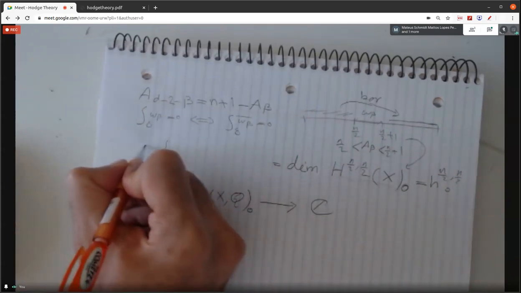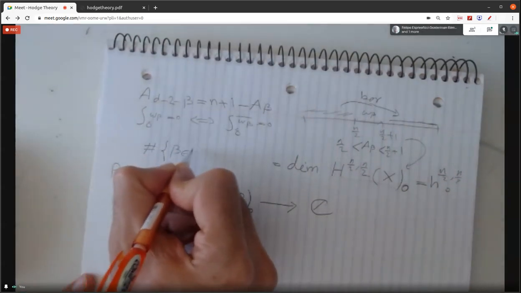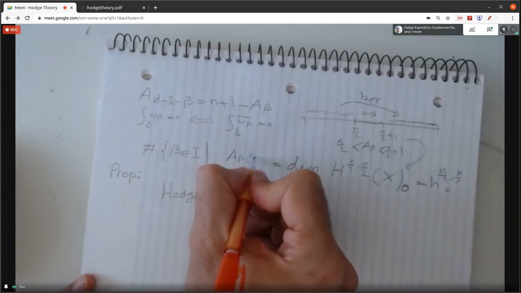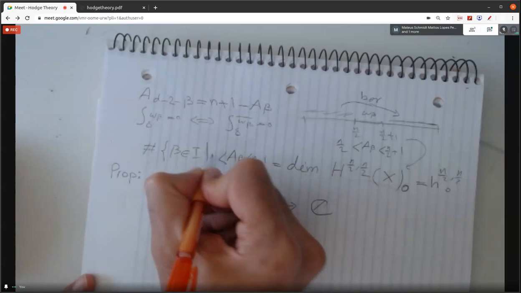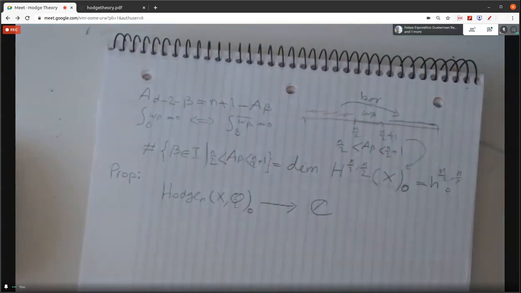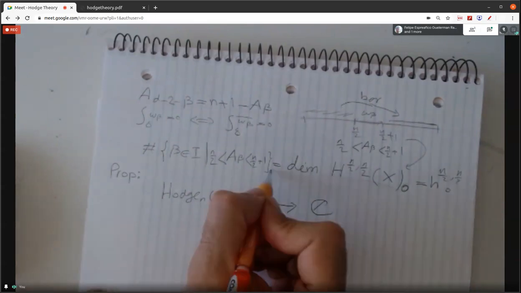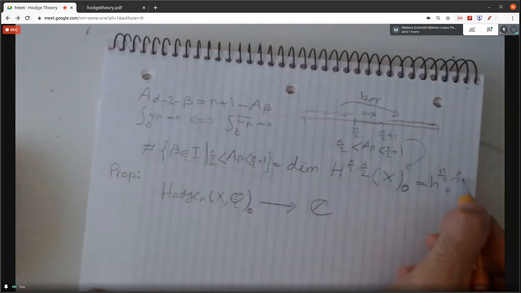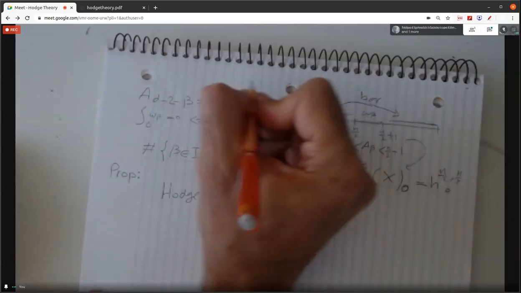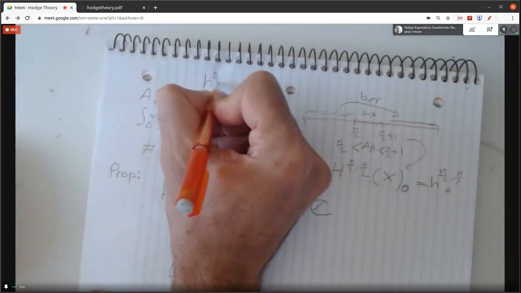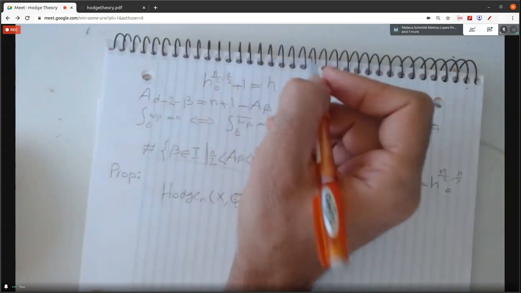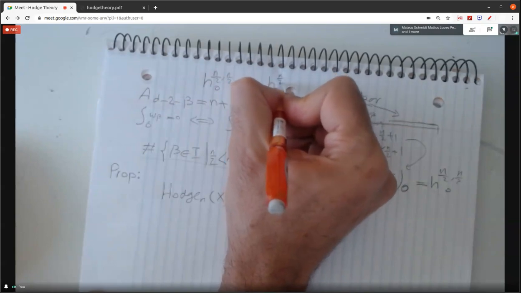This is the cardinality of beta in I such that these form a basis, n half plus 1 n half. This is one of our Hodge numbers. So this number, we call it h n half primitive, and for the classical Fermat variety, it's just n half.